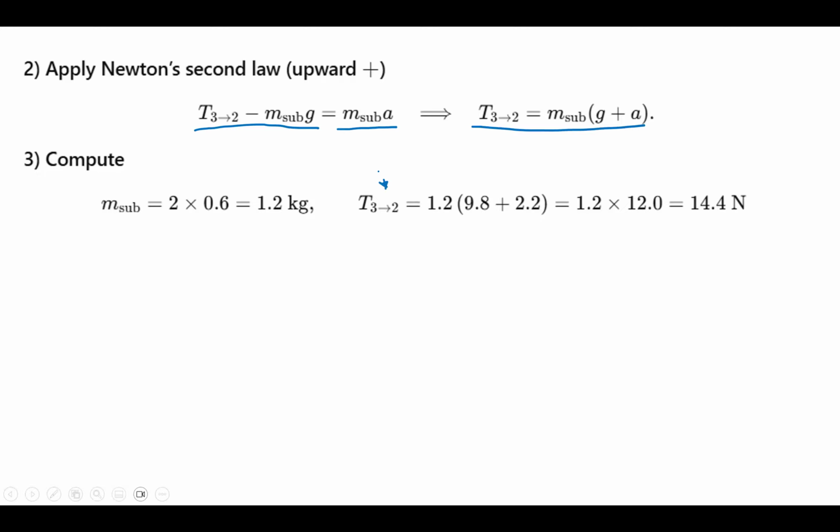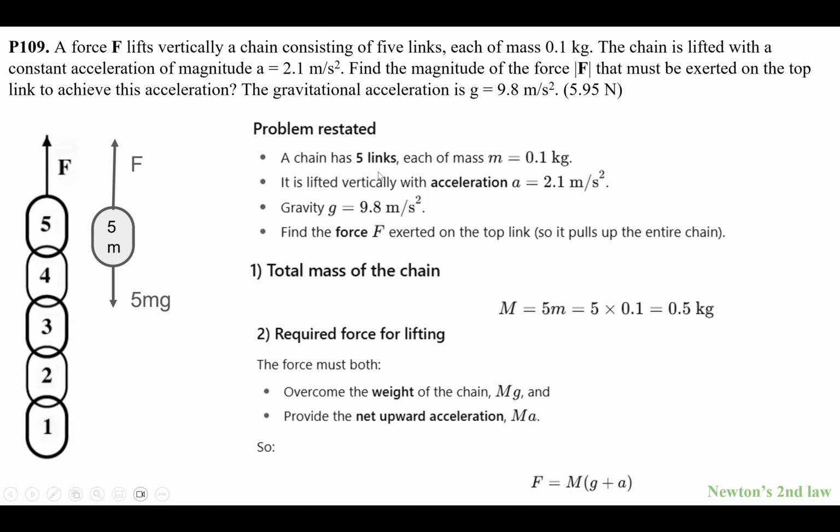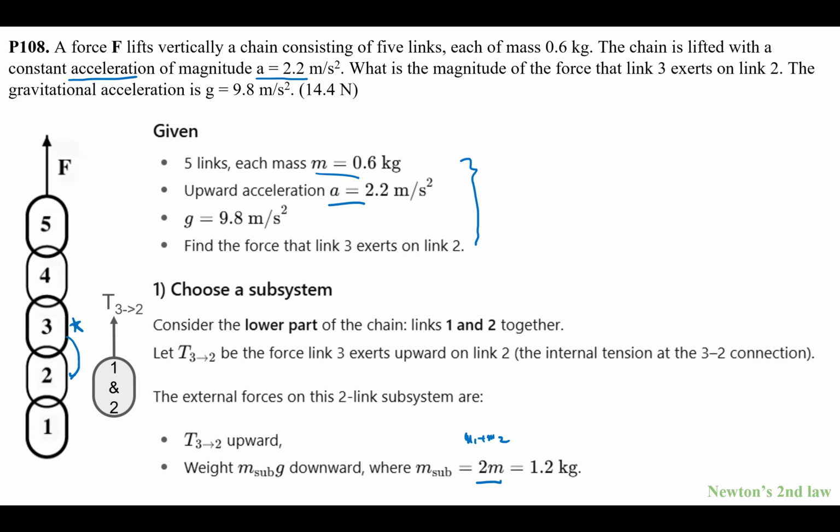Here, the important step is that it is moving with the same acceleration. And then we are just looking at the magnitude of the force that link 3 exerts on 2. And if you look at it, they are all linked, such that we have to think about 1 and 2 forming a subsystem.